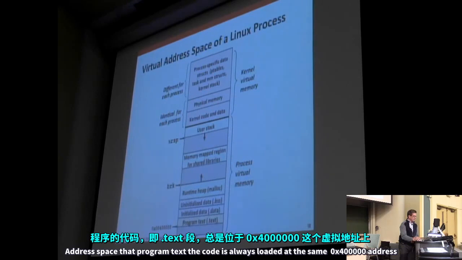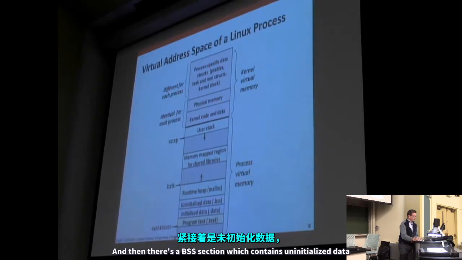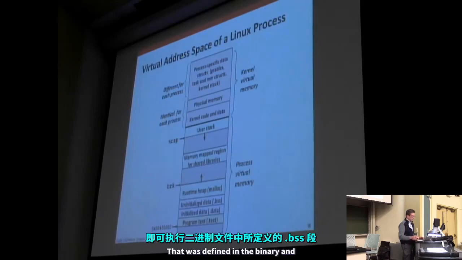The program text, the code, is always loaded at the same address, 0x400000. Then that's followed by initialized data, which comes from the .data section of the executable binary. And then there's the BSS section, which contains uninitialized data that was defined in the binary.